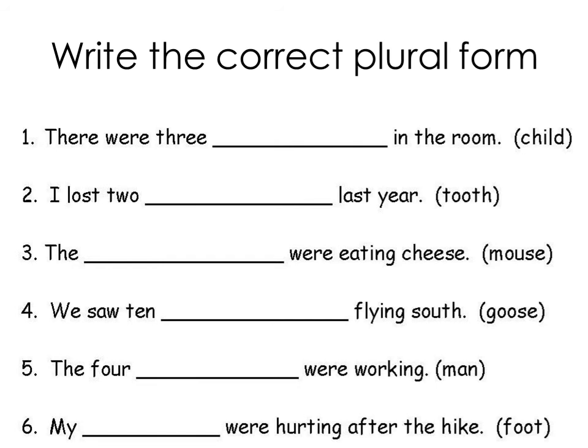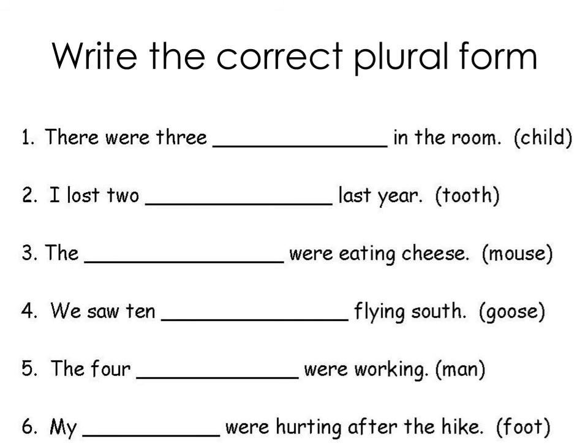Number 3, the blank were eating cheese. And the noun that we need to change is mouse. So just write the plural form of mouse. Number 4, we saw 10 blank flying south. So what do you think is the plural form of goose? Number 5, the 4 blank were working.